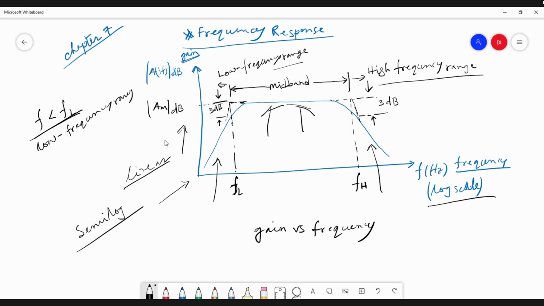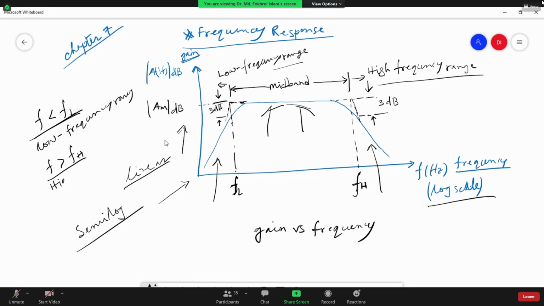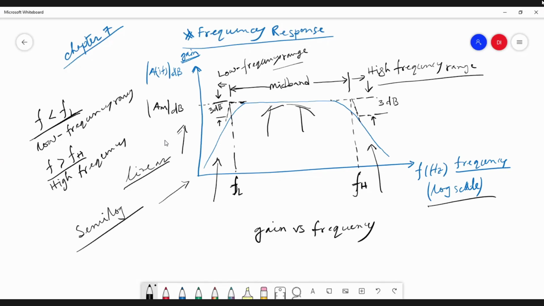And if f is greater than FH, it is marked as the high frequency range. In between is the midband, this portion.